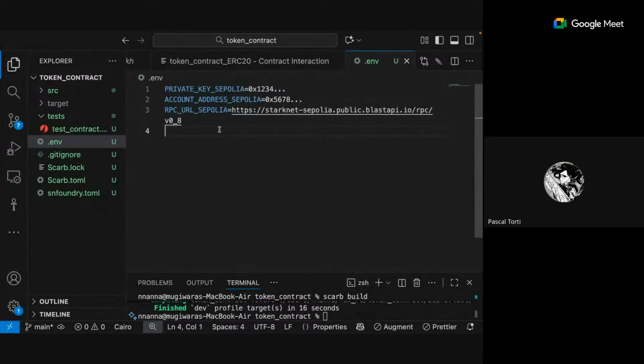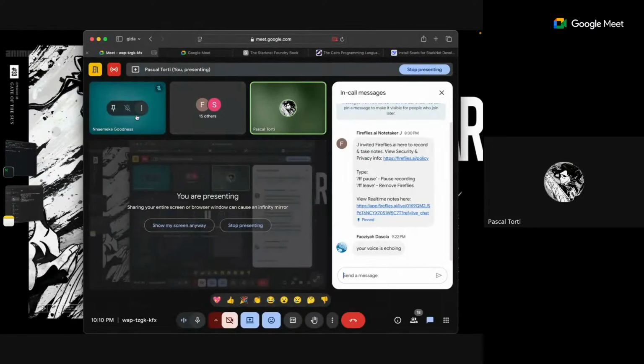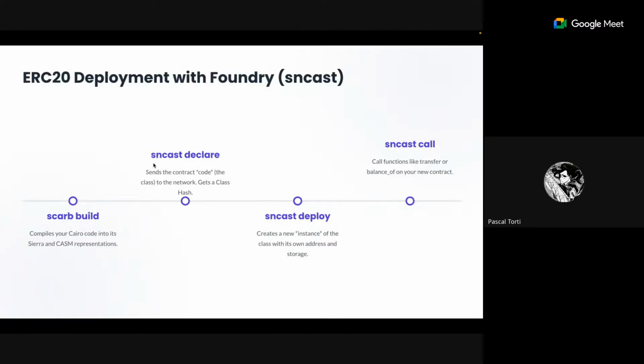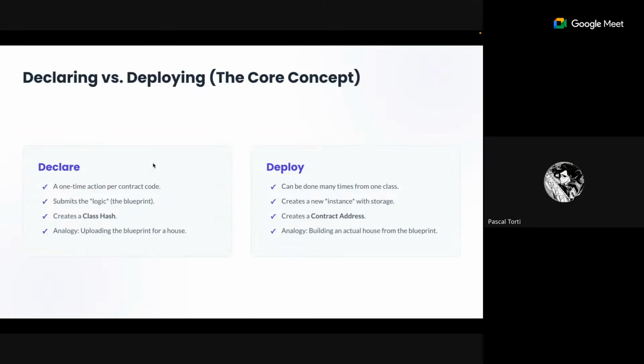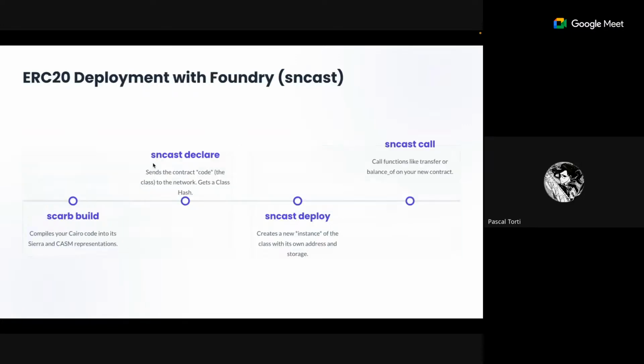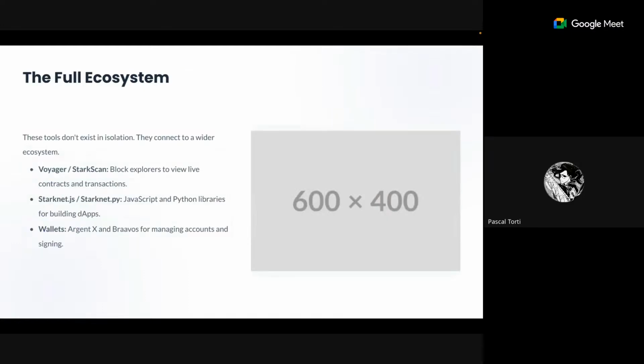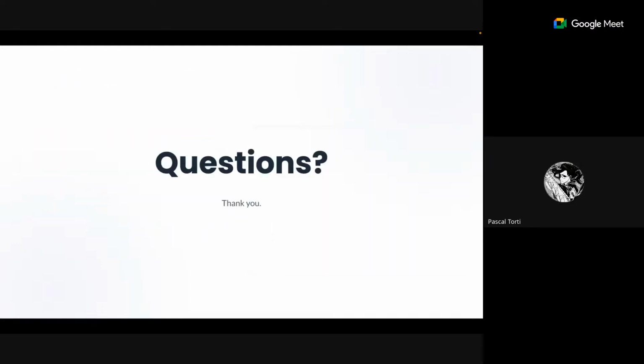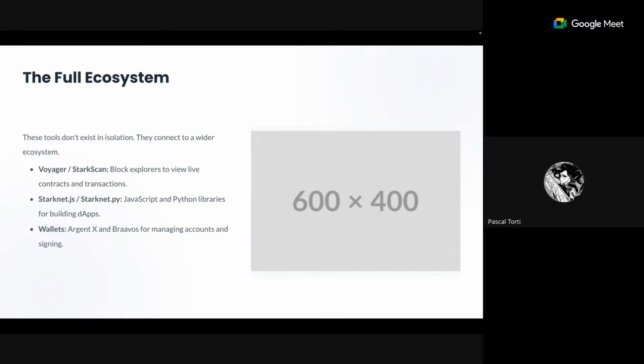Account address. Let me go to my account. I know that in week one they told you to install some wallet extensions. I know that some people had some issues with installing them.